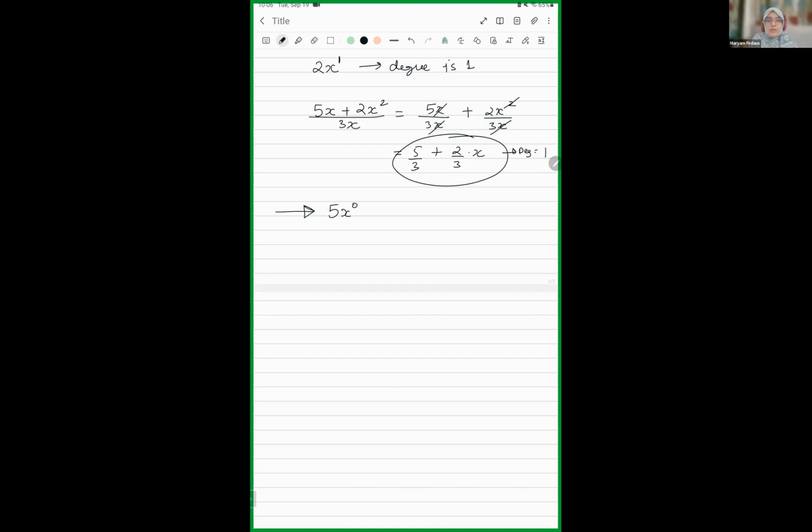And here 0 is a whole number, right? So just 5, or any number like 1, -2, 1 by 2, root 3, is called a constant polynomial, because the degree of x is 0.